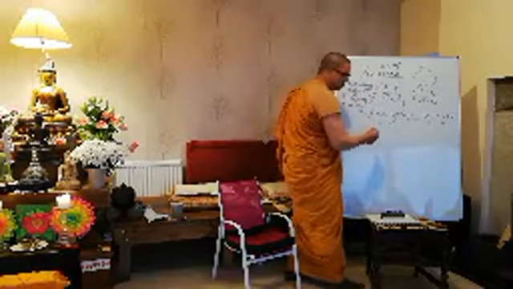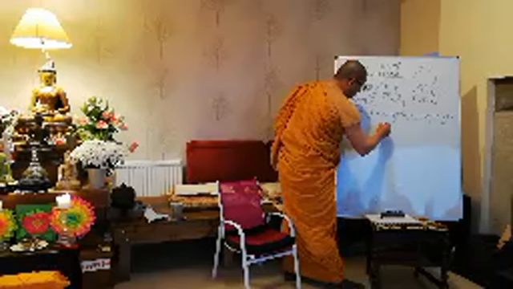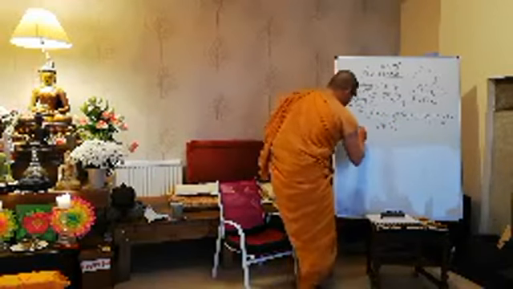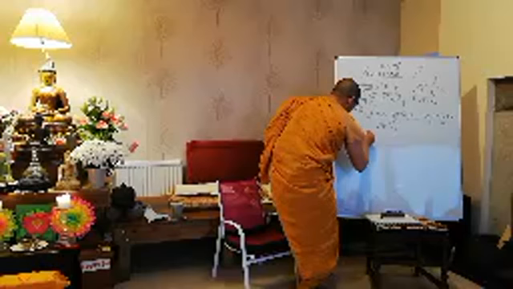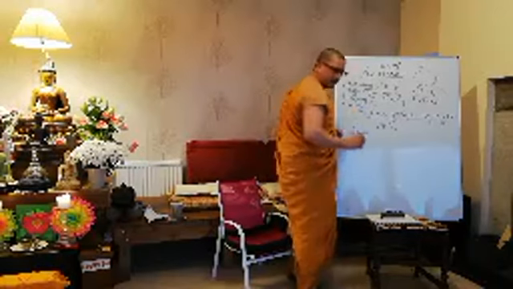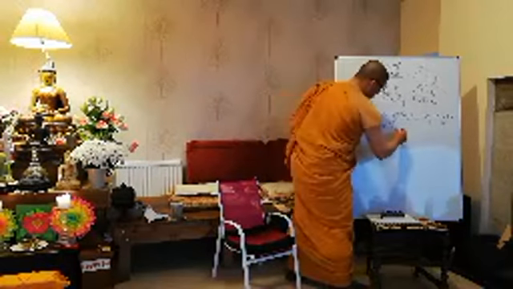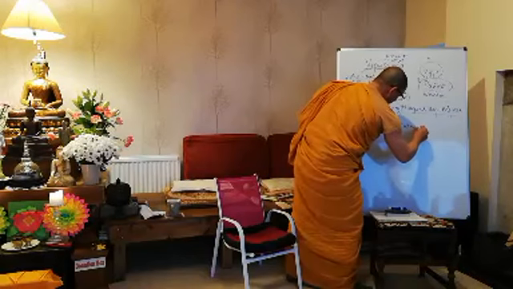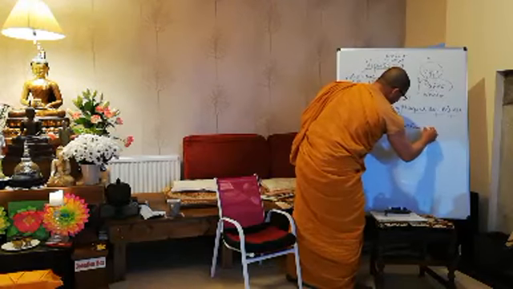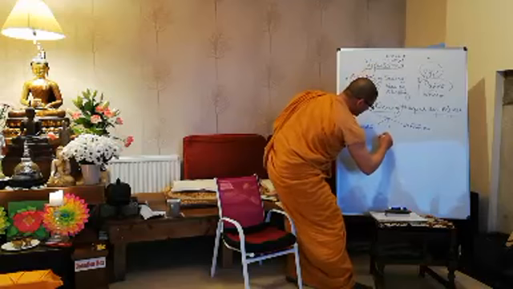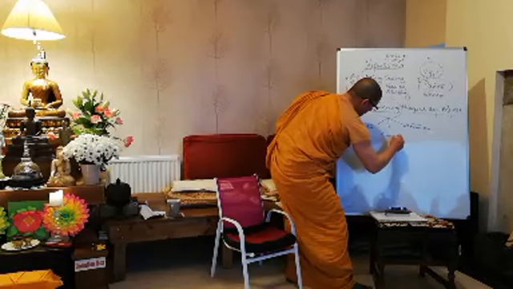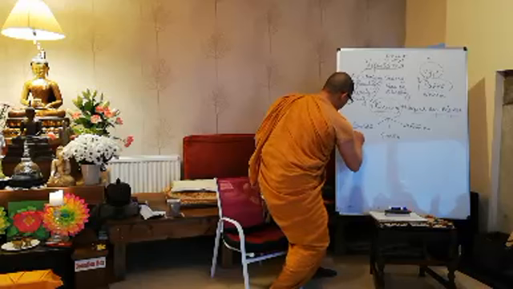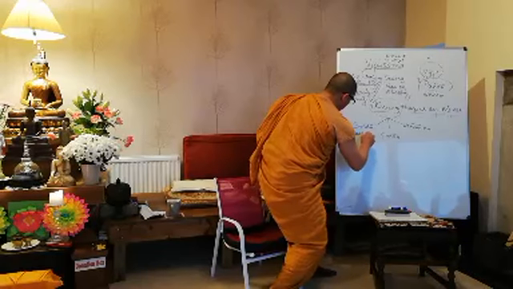There are three types of knowing. One is sanya, another is vijnana, again it comes back, and the third is panya. Sanya is memory or perception.